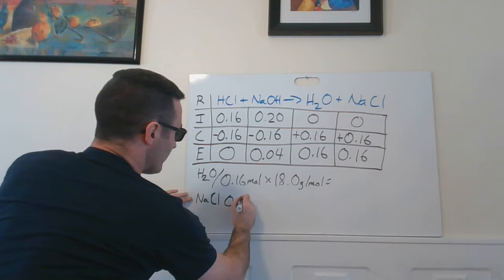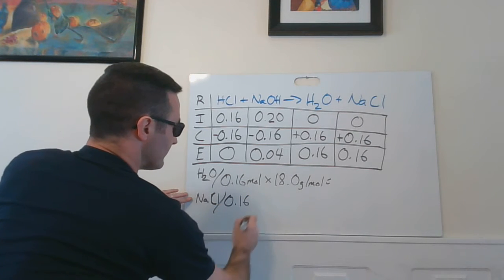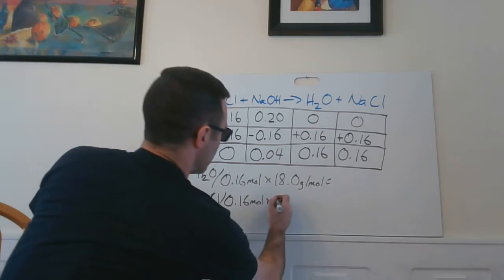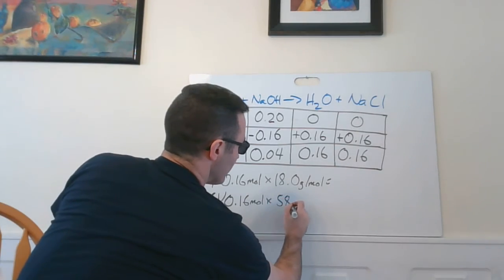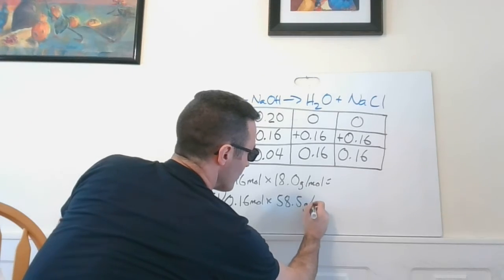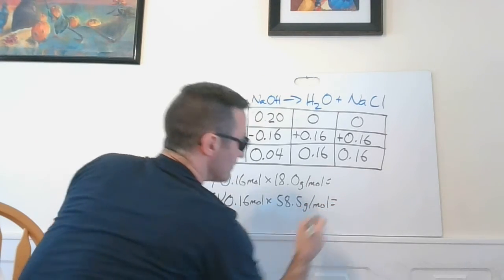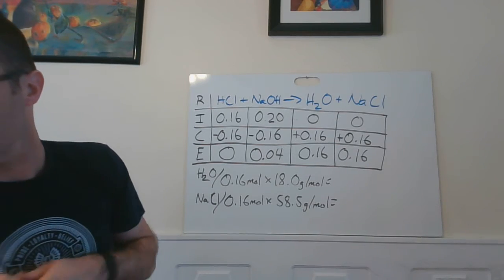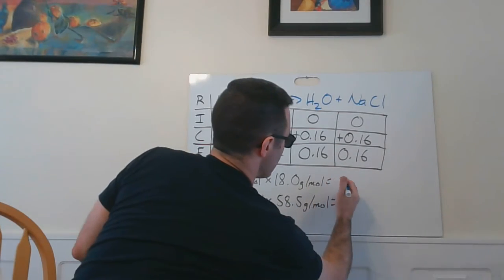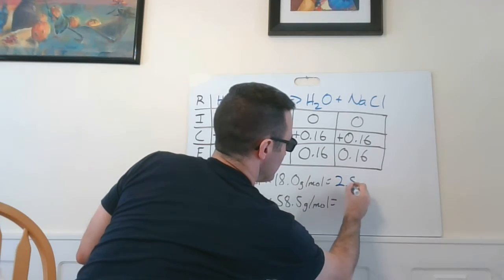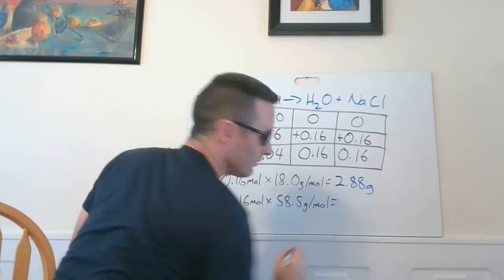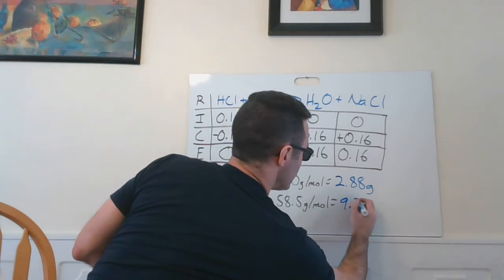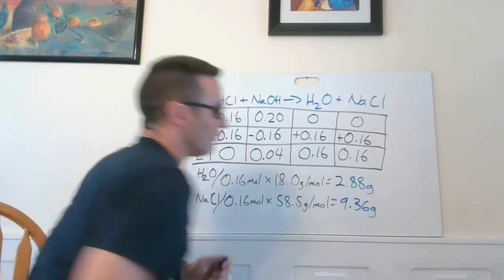I've got 0.16 moles. My mass is 58.5 grams per mole. So when those come in for my numbers, 2.88 grams of water and 9.36 grams of sodium chloride.